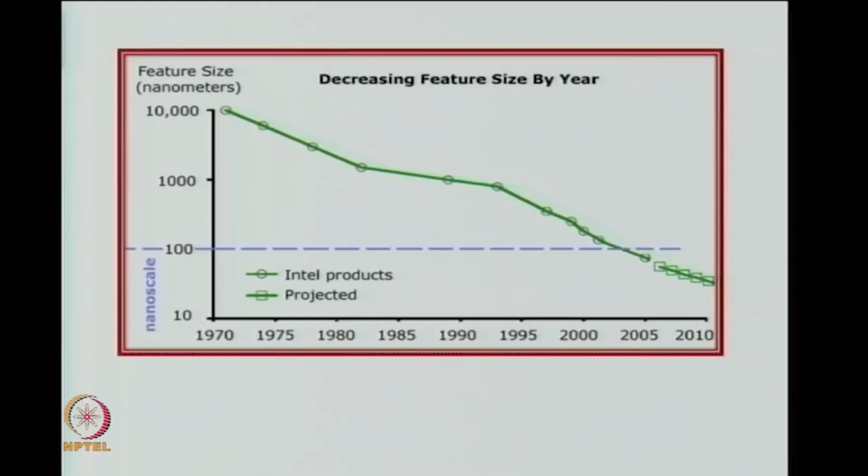And as you see, the feature size has decreased from around 10,000 in 1970 to close to around 20 or 30 or 40 now, which is in the nanoscale.